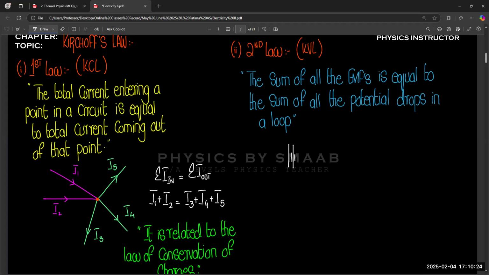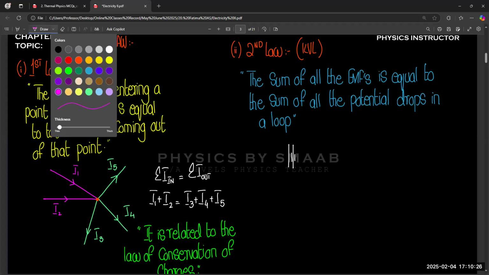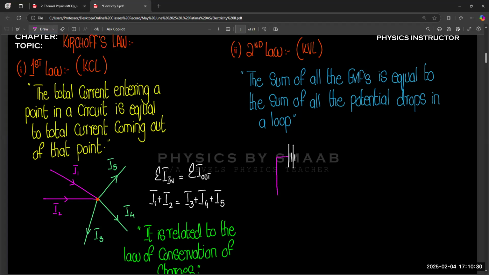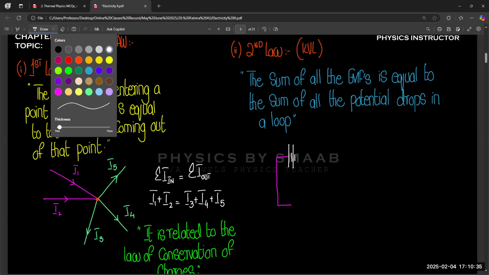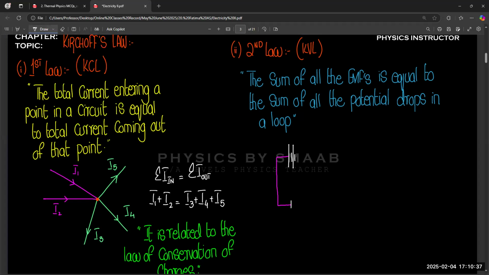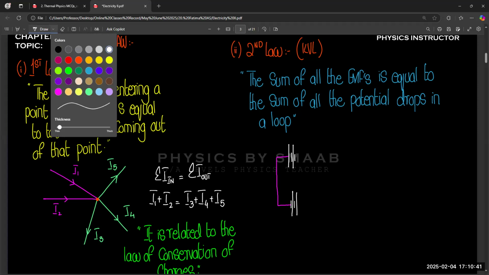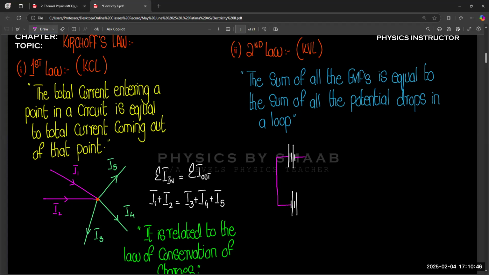Starting from the first one, this is the first source, and it is connected to another source like this, and further this one is connected to a resistor and another resistor.